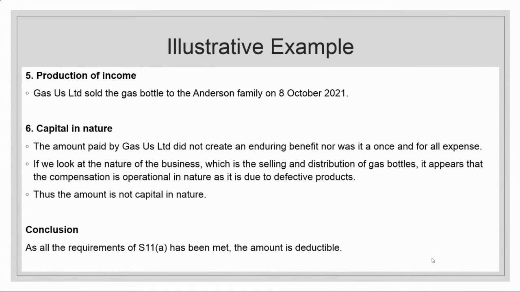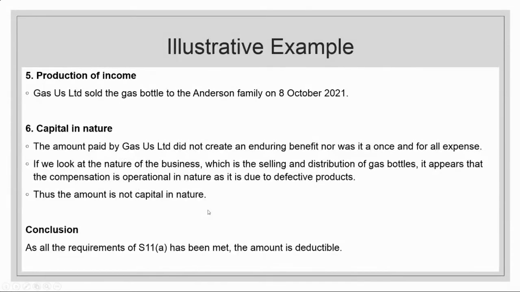Now, when we talk about the production of income, we've actually sold this gas bottle. We've generated revenue as part of our business. So we've actually produced income from this sale. And then the question is, is this actually capital in nature? The amount we paid does not create an enduring benefit. So it does not create a long-term benefit for our business. It's a once and for all expense.